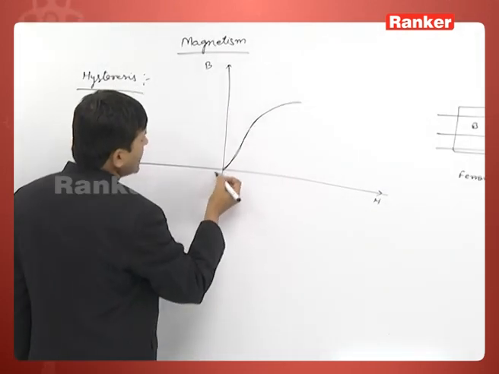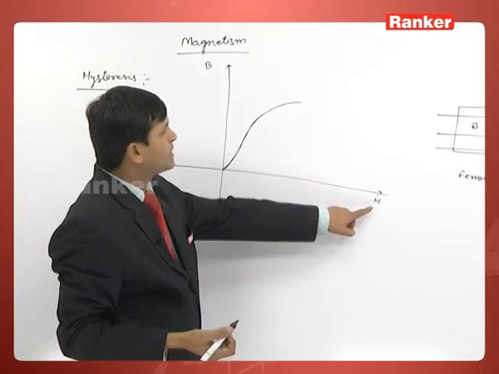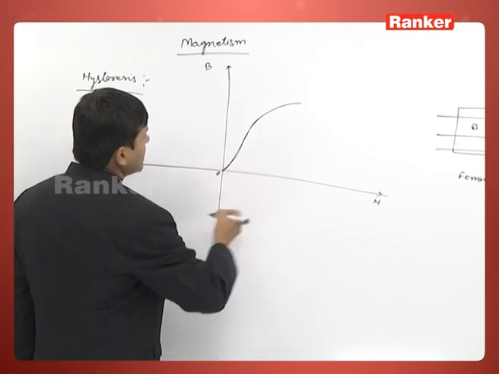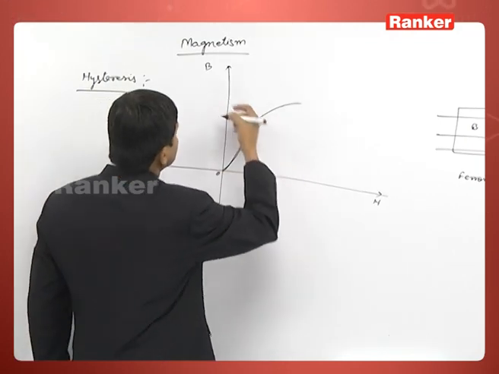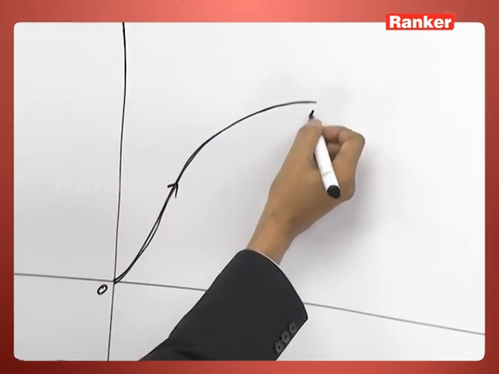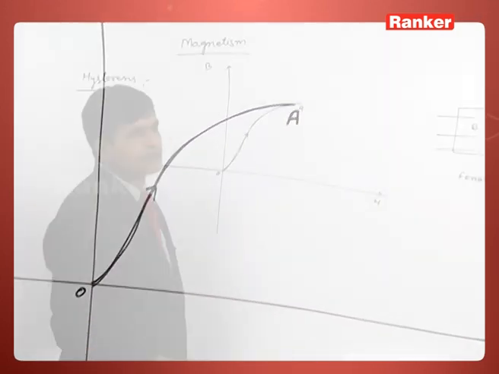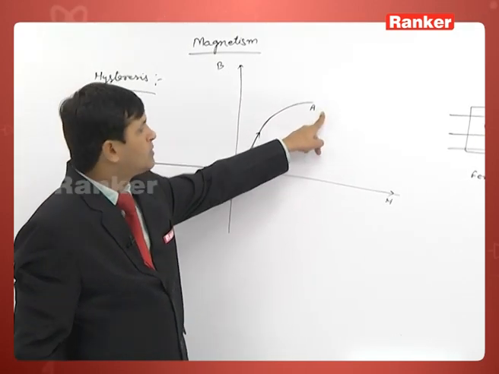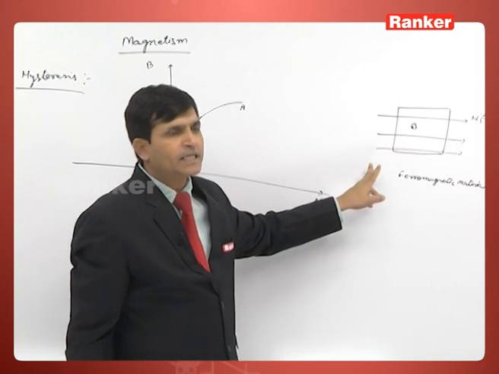Let at the starting, when we are not applying any magnetic field, H is 0. As we are increasing it, the net magnetic field increases. So 0 to A, let this be the situation. This is the saturated magnetization, complete here.